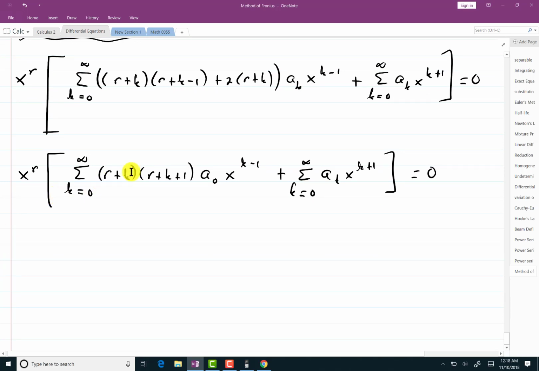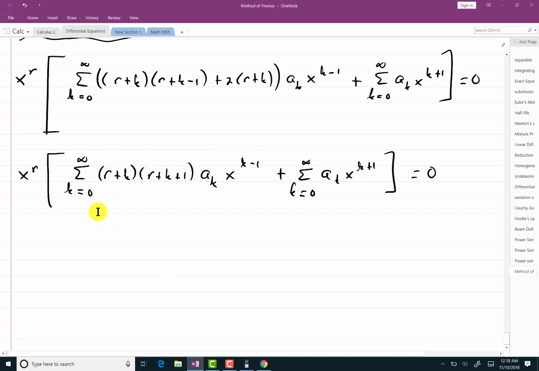Here, I notice that this starts at x to the negative 1, and this starts at x to the 1. So that's a difference of 2. Let me go ahead and release the first two terms from here.